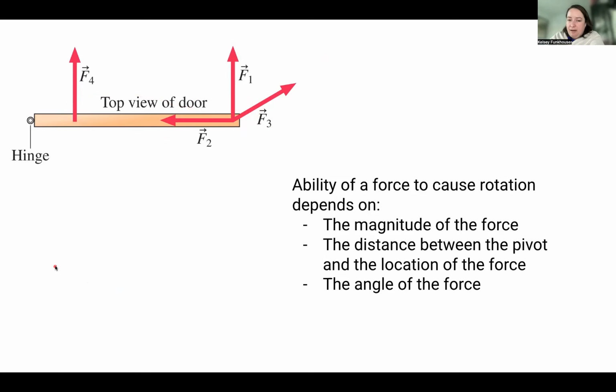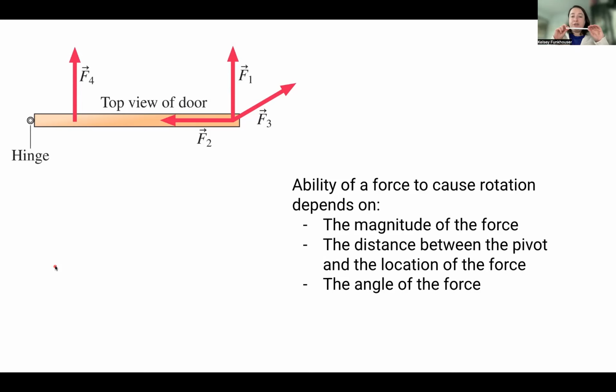Hopefully you paused on the previous slide and tested this on your door, and you should have at least been able to see how the distance from the hinge affects things. And you could also probably recreate force 2, pushing along the door. You can also try this with a pencil.